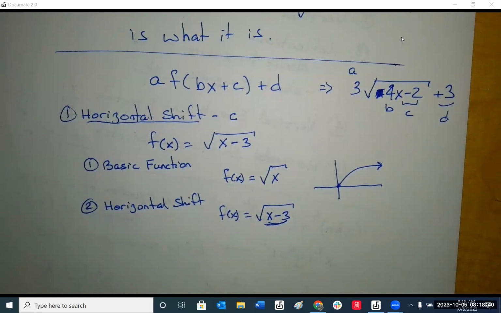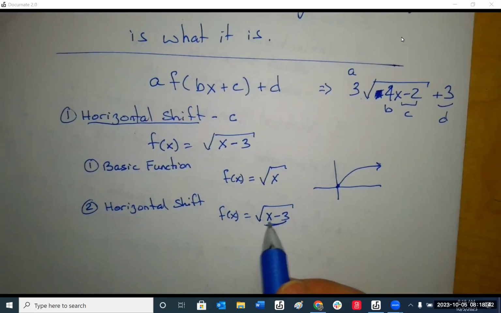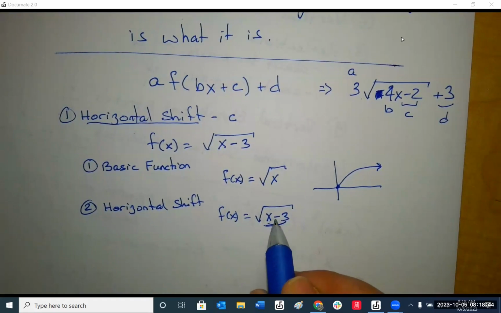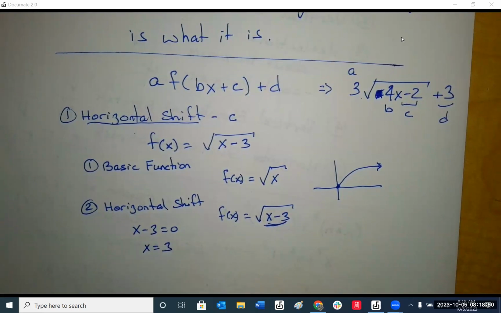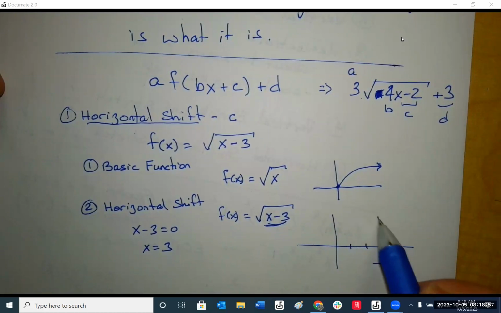What was this all about? So it's the opposite sign. Basically, what I'm doing, I'm taking what's inside the function, setting it equal to 0. So my new origin has shifted to the right 3 spaces.